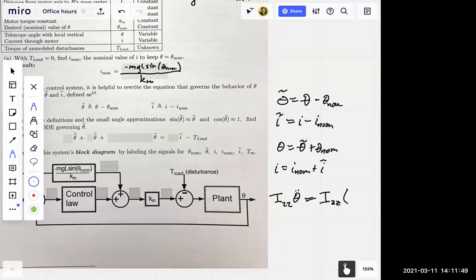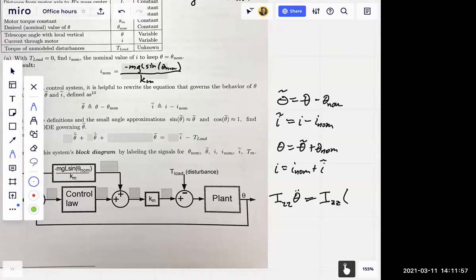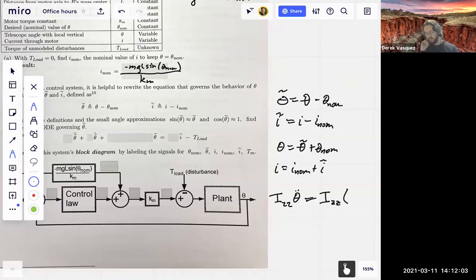Okay. Is theta nominal still constant? Theta nominal is still a constant. And is the error theta a constant as well? So the error isn't constant, but if we take the derivative of this twice, we would get theta dot is equal to theta tilde dot plus theta nominal dot, and then do it again.